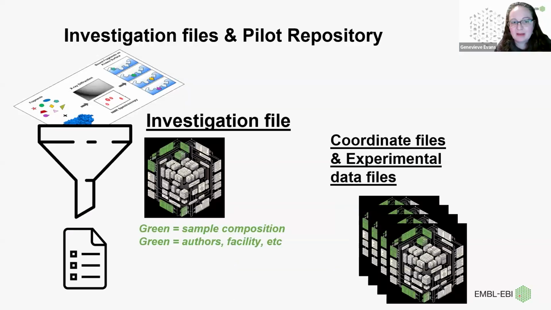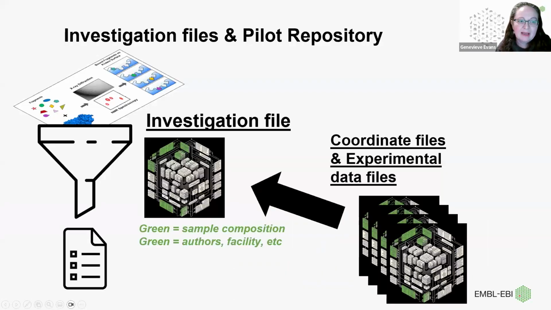So what we've done at the PDBe is we've looked at what structures we have in our database, and we've found sets of coordinate files with experimental data that correspond to a fragment screening experiment. And we've found these sets of information. Then we've used a software application that we've developed, and we've taken this information and generated an umbrella file, a file that sits above all of the other files, which is called an investigation file.